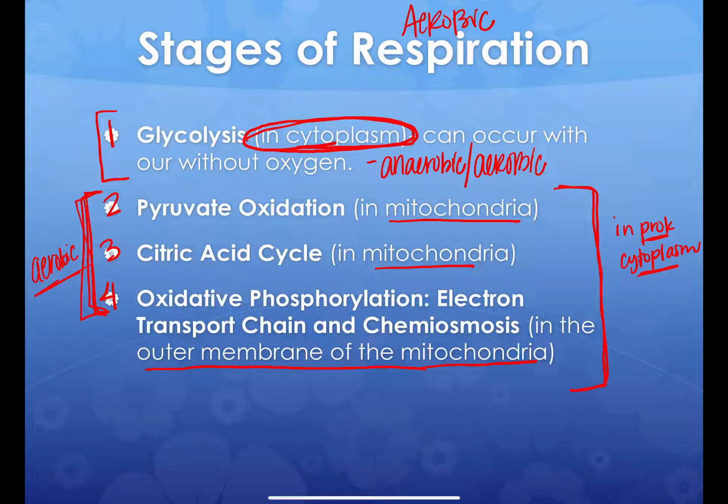So remember, the mitochondria is a double membrane structure, as is the chloroplast. In prokaryotes, it happens in the cell membrane, which borders the cytoplasm. So that's very important for the distinction of where these occur in the prokaryote versus the eukaryote.